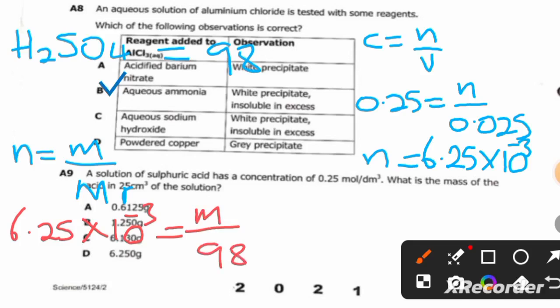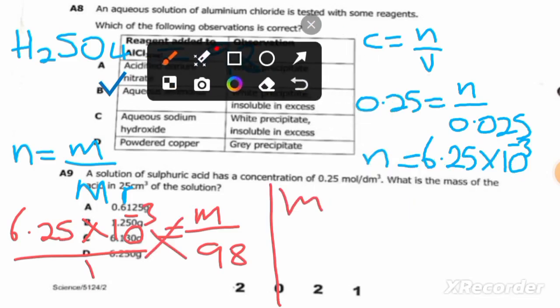Okay, we do a cross multiplication. M is equal to 98 times the number of moles, which is 6.25 times 10 to the power negative 3.